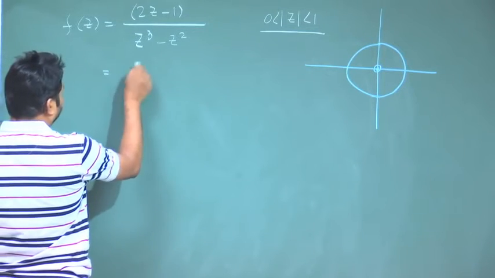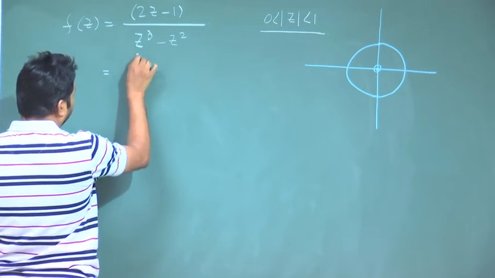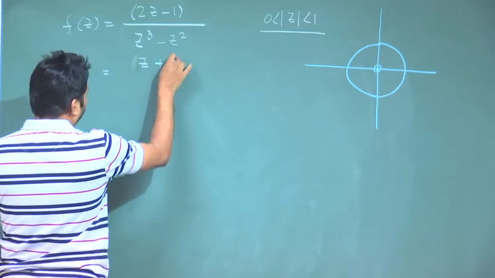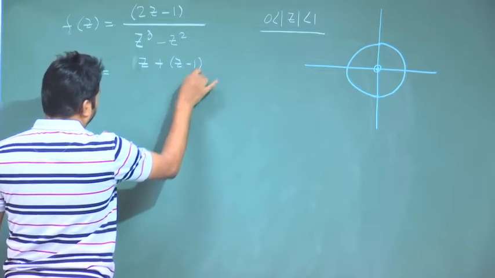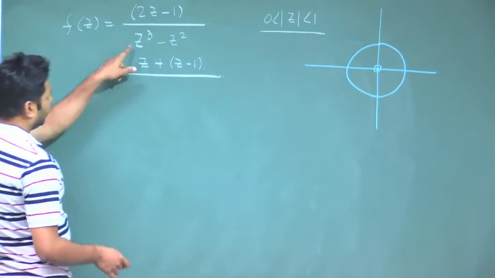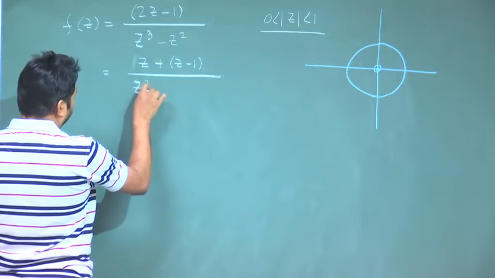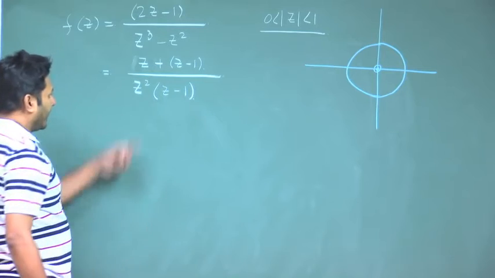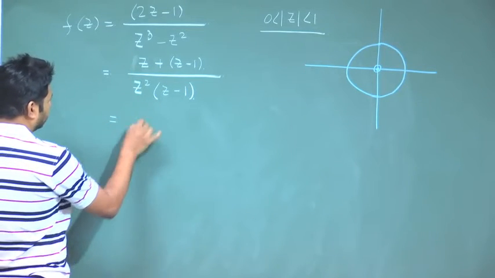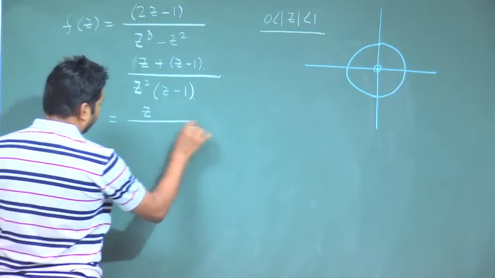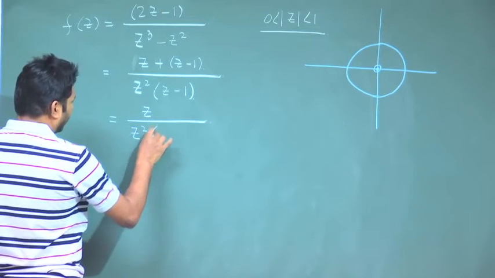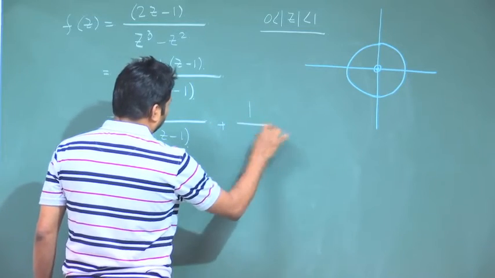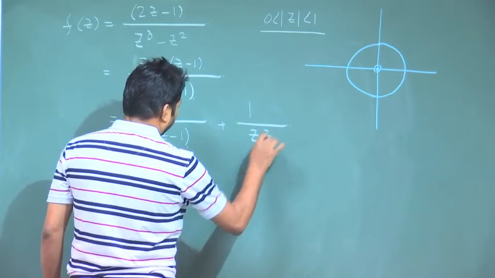So, the process is similar. 2z I can write as z plus (z minus 1), divided by z square multiplied by (z minus 1), and again divide the two terms: z divided by z square (z minus 1), plus 1 by z square.